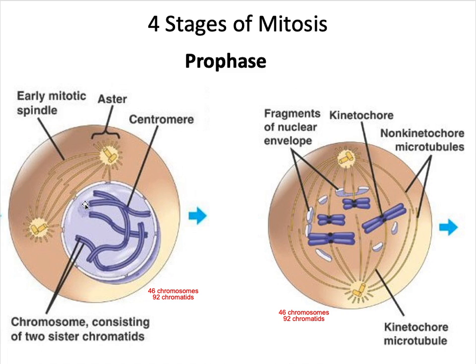Your nucleolus will start to disappear, and your nuclear membrane will disintegrate. Your chromatin form of DNA will start to condense into chromosomes.